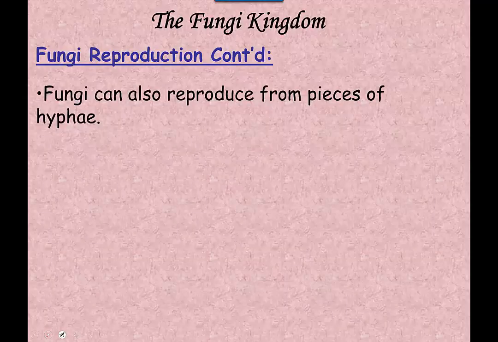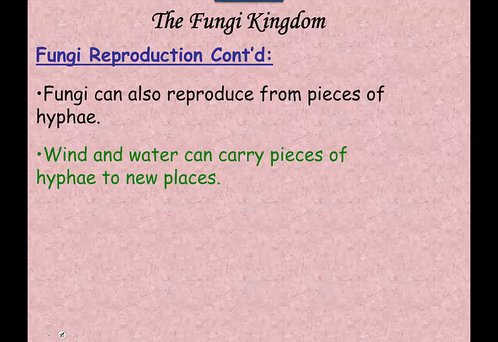The fungi can also reproduce from pieces of hyphae, so they don't even need their whole fruit to be around in order to reproduce. What can happen is hyphae can be broken off and wind and water can carry pieces of it to other places, and then the hyphae can continue to survive. Because remember, the hyphae was a little spore that had a stem, if you want to call that, coming out, and then that branched, and it branched, and it branched, and it continued.